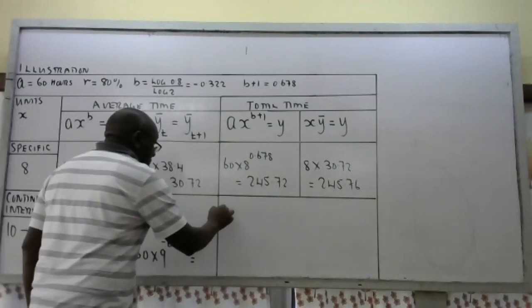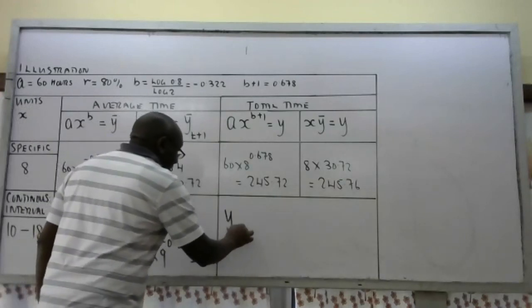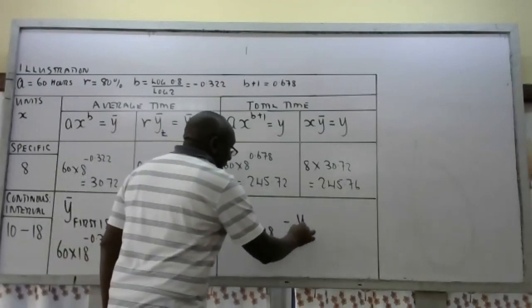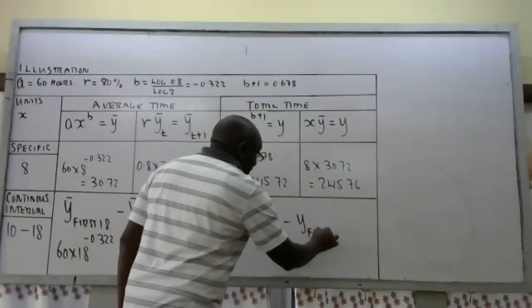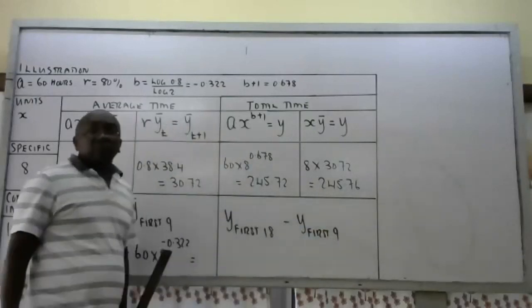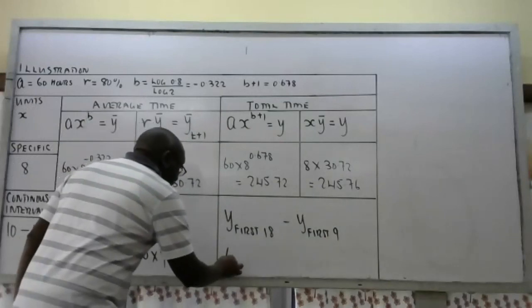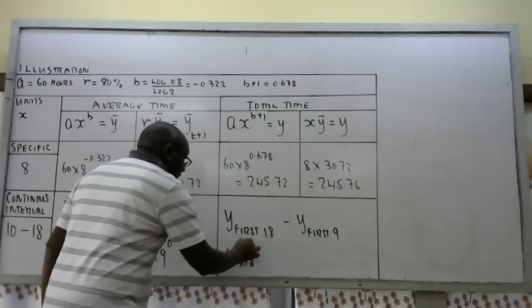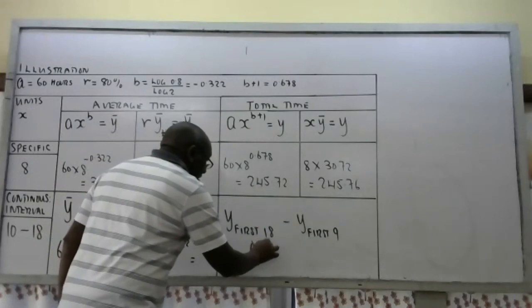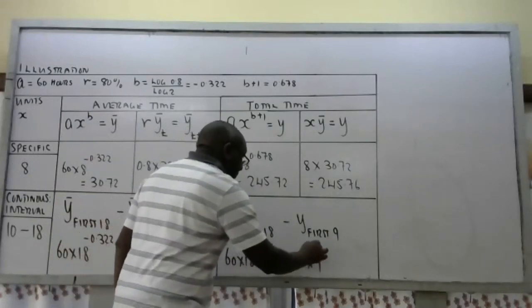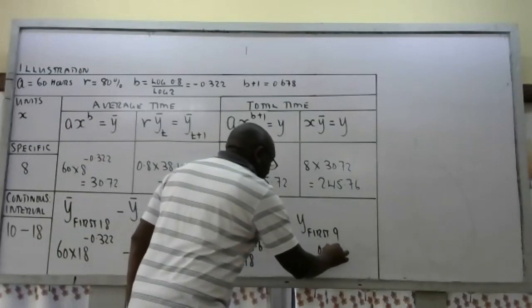Then we come to this side, y for the first 18 minus y for the first 9. So here you will say it is 60 times 18 raised to power 0.678 minus 60 times 9 raised to power 0.678.